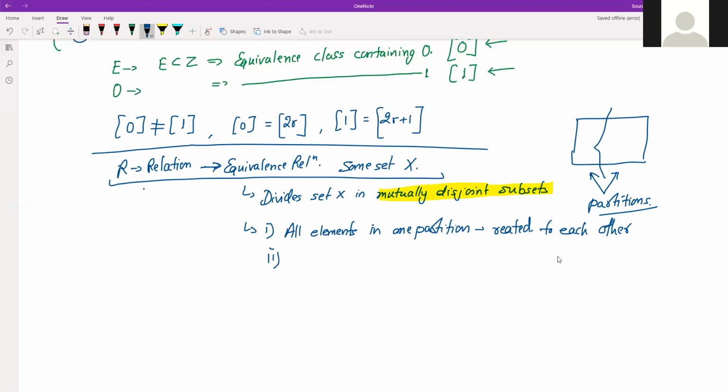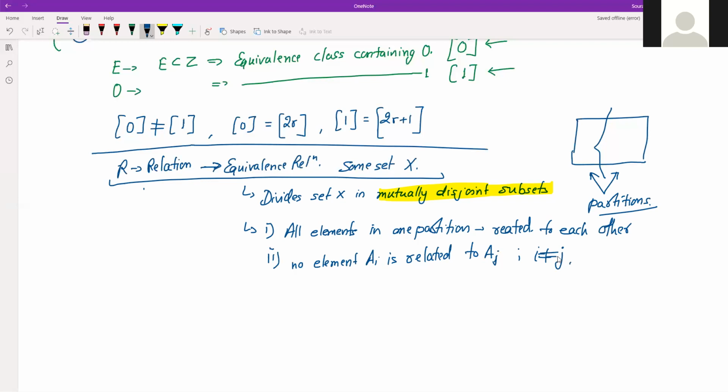Second, there cannot be any cross relations. That is, no element of Ai is related to an element of Aj, where i is not equal to j.